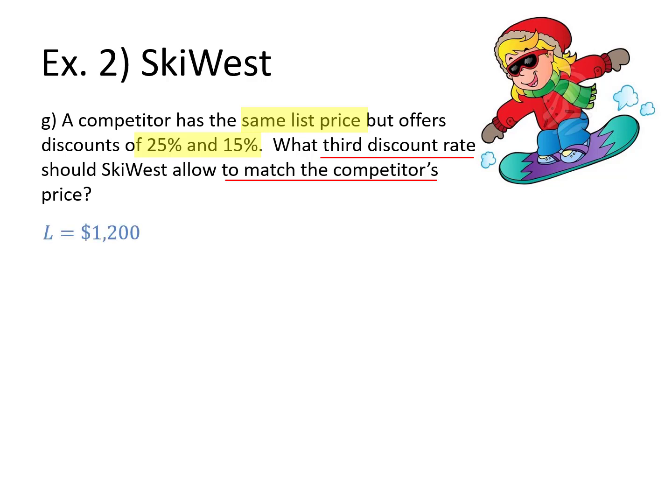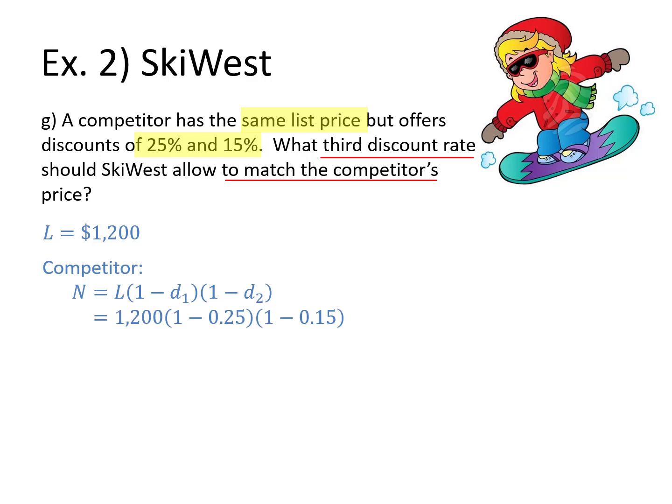So a reminder that the list price for Ski West was $1,200, which will be the same as for the competitor. The competitor's net price, therefore, with their different discounts of 25% and 15%, is going to be $1,200, the list price, times 1 minus 0.25, or 25%, times 1 minus 0.15, or 15%, giving them a net price of $765.